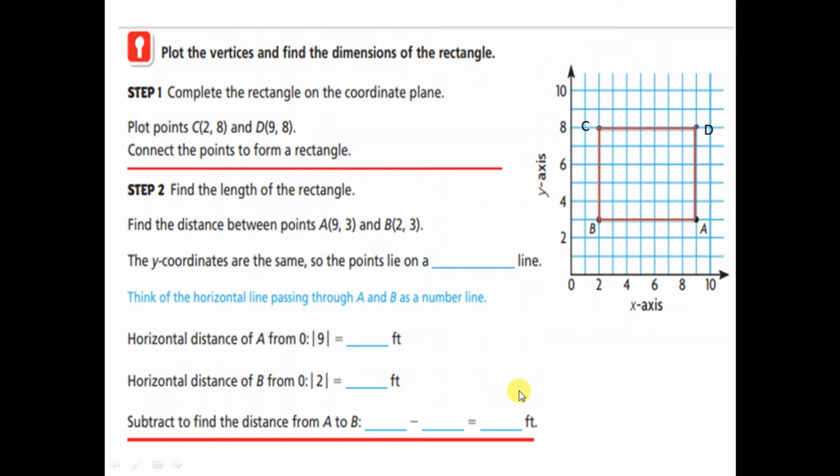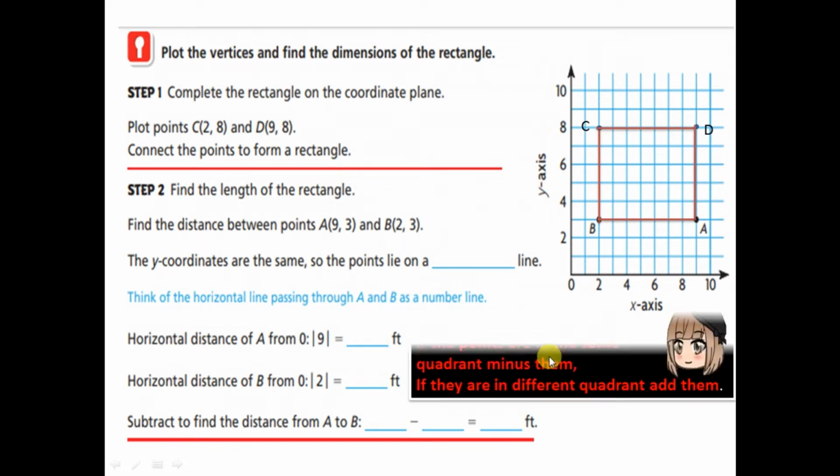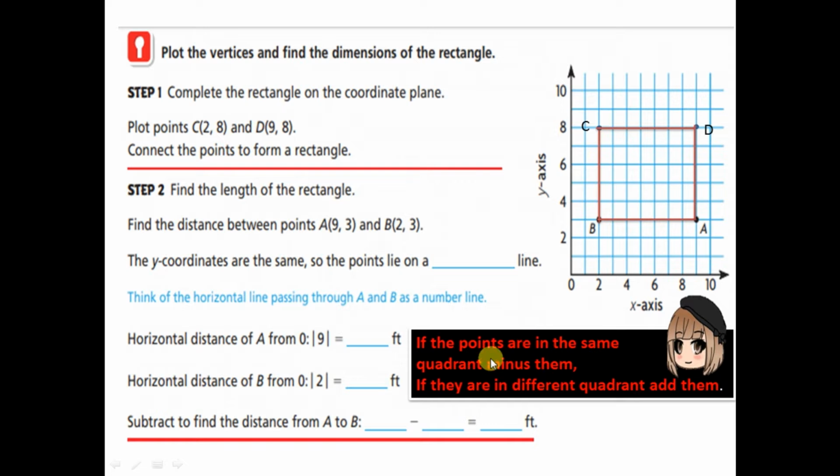But we have to know some important information. What is it? If I have 2 points in the same quadrant, I will minus them to get the length. What is the quadrant? Quadrant is the quarter. If I have 2 points in different quadrants, to find the length, I will add them.